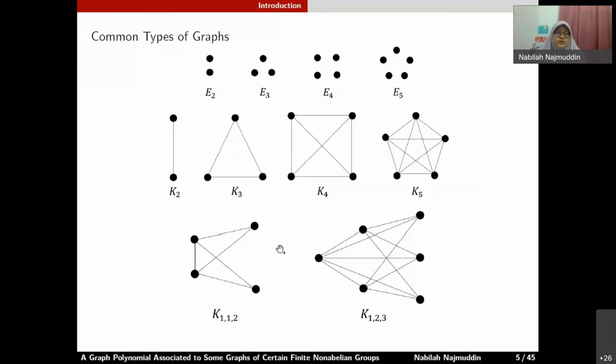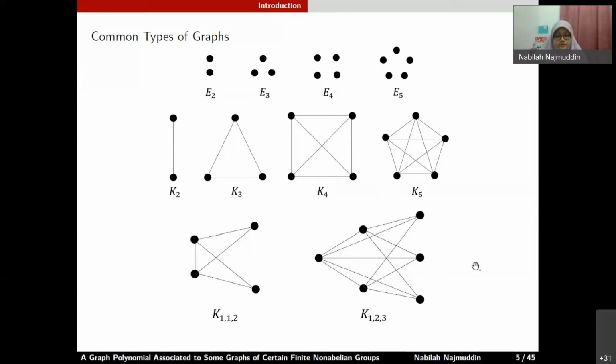Other than those two, we also have the complete tripartite graph, in which there are 3 partitions. Vertices from different partitions are adjacent, but within a partition itself, the vertices are not adjacent to each other.